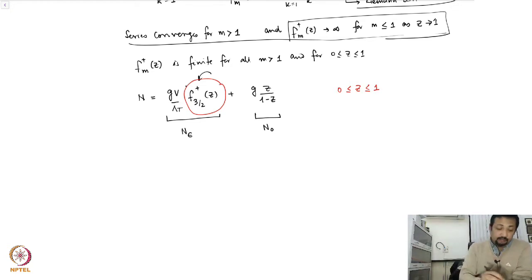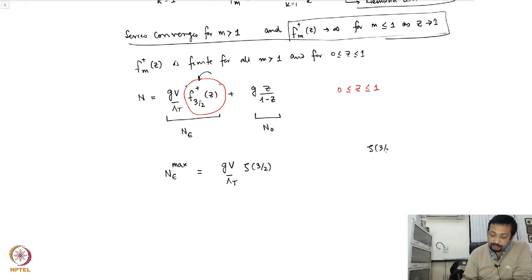So clearly when z approaches 1, the first term, we will write down as n epsilon maximum. There is a maximum number of particles which you can accommodate in these excited states, and that number is given by GV over lambda t zeta 3/2, where zeta 3/2 is approximately 2.612.